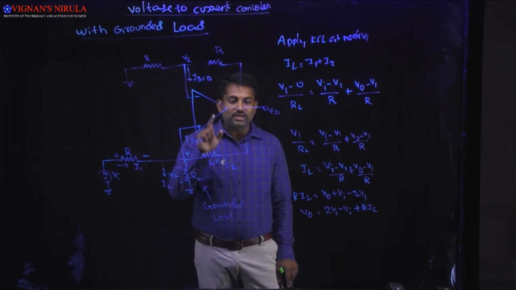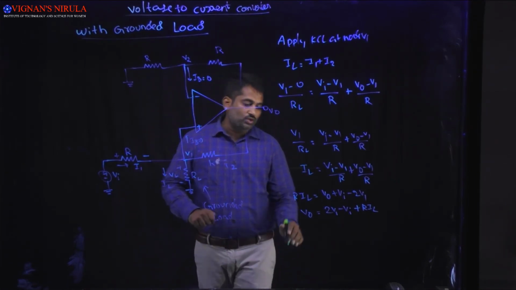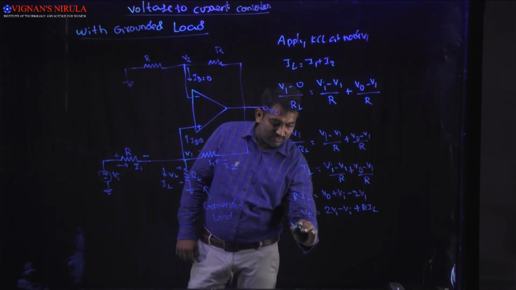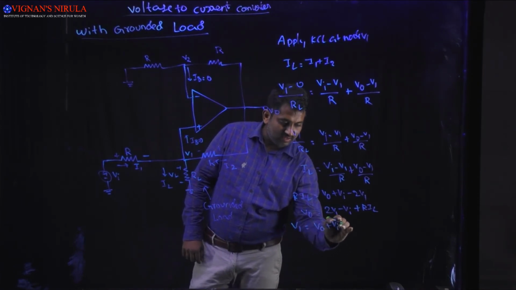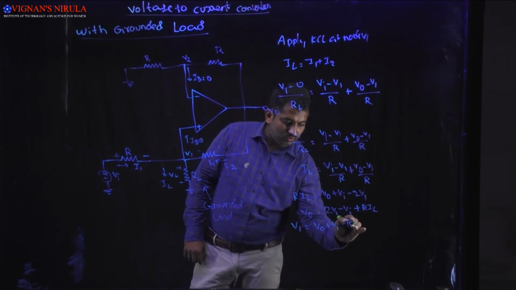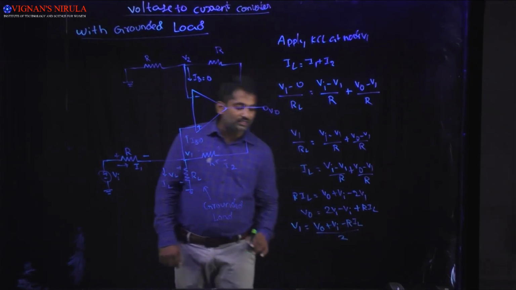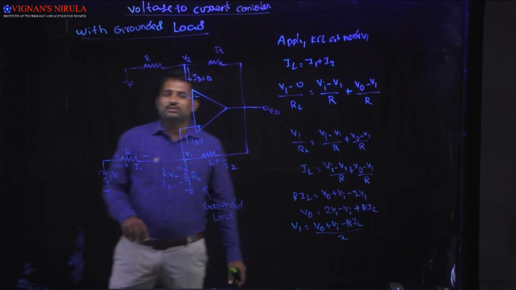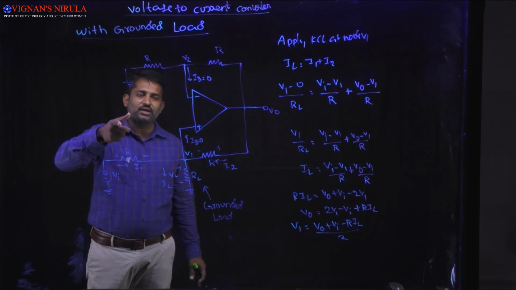Once we calculate V1, we can easily calculate the gain value. So V1 will be rewritten as (V0 plus Vi minus R into IL) divided by 2. And if you look at this circuit diagram, it looks like the non-inverting op-amp.